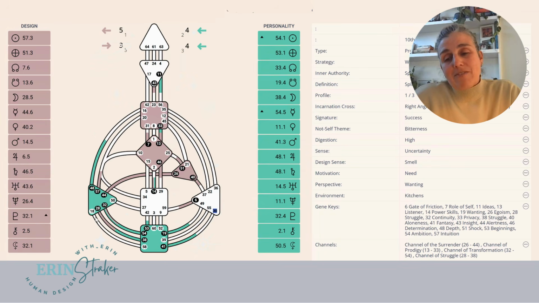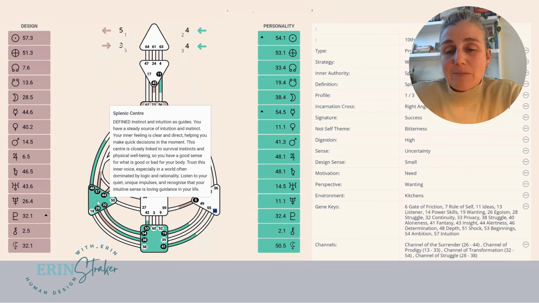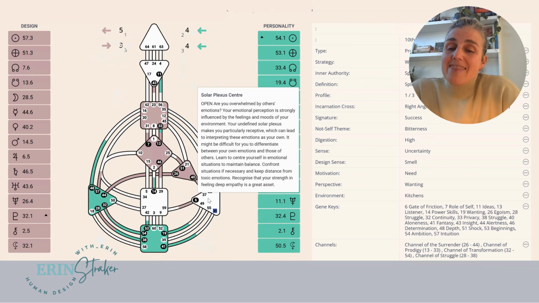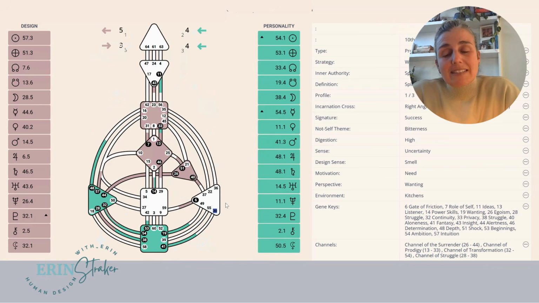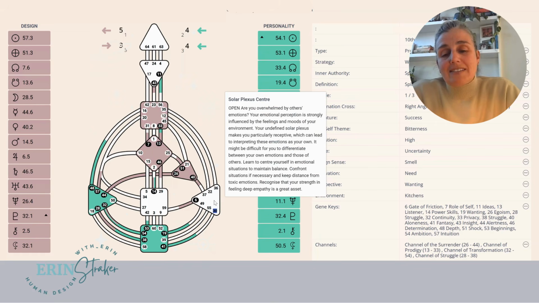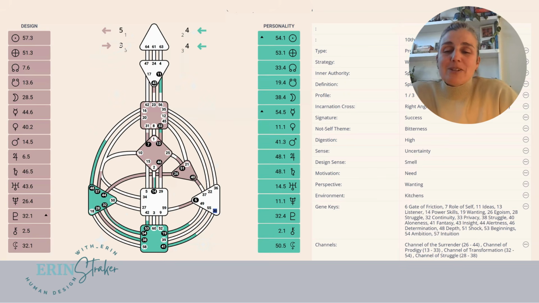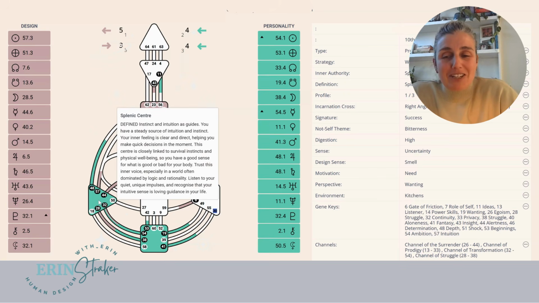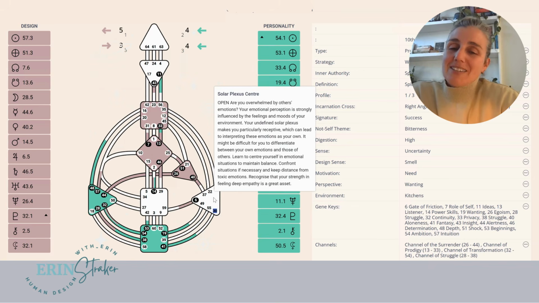So my coloured in one over here is our splenic, and that would be the spleen meridian in the earth element. And then we have our solar plexus, which would be our stomach meridian within traditional Chinese medicine, right? We don't have a splenic chakra, but we definitely have a solar plexus chakra as we come in.